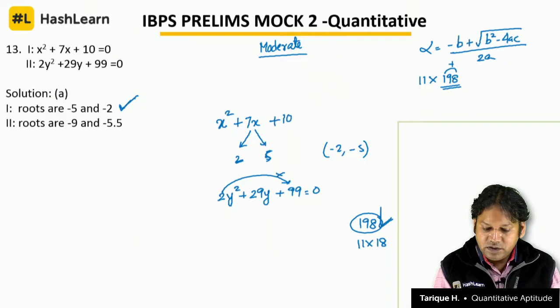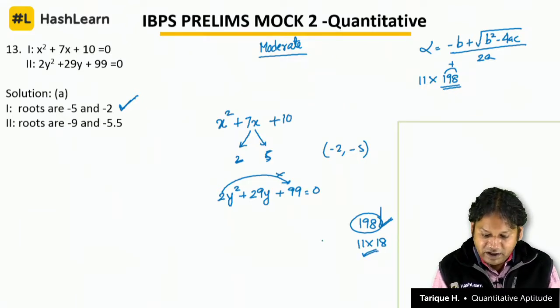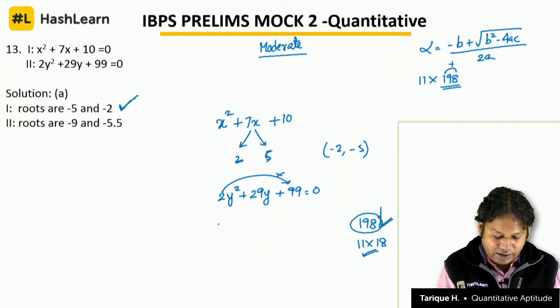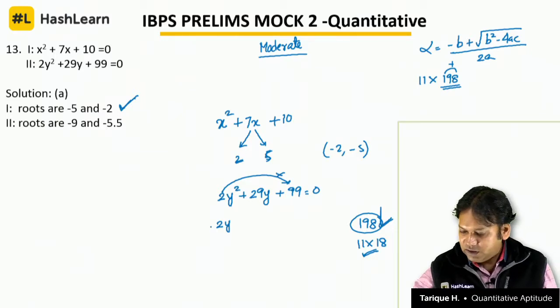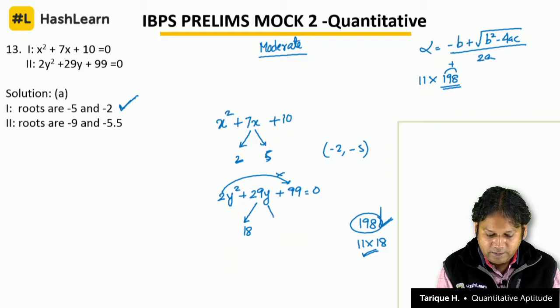Okay? So 2 into 99 is 198, and we can simplify it as 11 and 18. We can see very clearly that 11 plus 18 is 29. So how will I write it now? We do not have to do that also, we can use the direct shortcut technique and solve it. Okay. So we will write here 29, I can split 29 as 18 and 11.